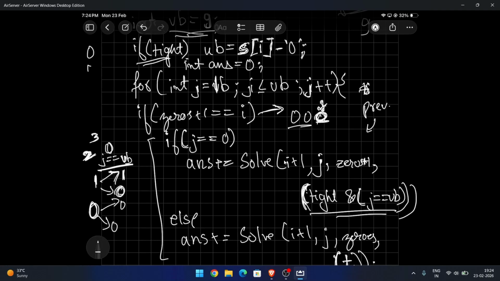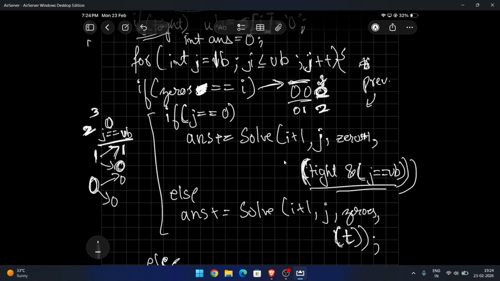Actually, it would be zeros only, because here we are looking at 0-based index. So when we are at the 2nd index, we check how many zeros we have put. If we have put 2 zeros, then we can again put a 0 here.